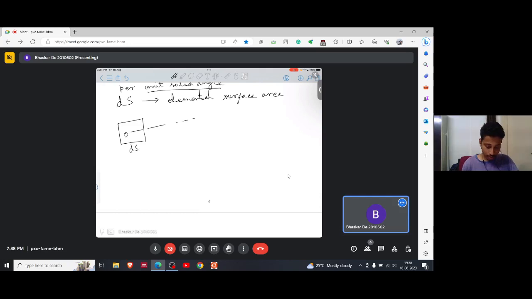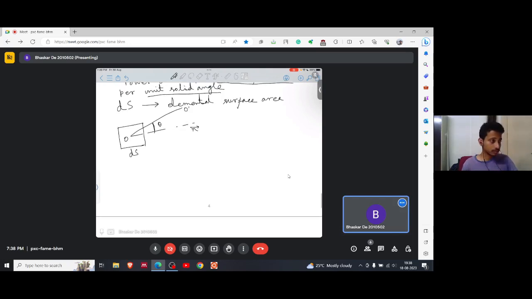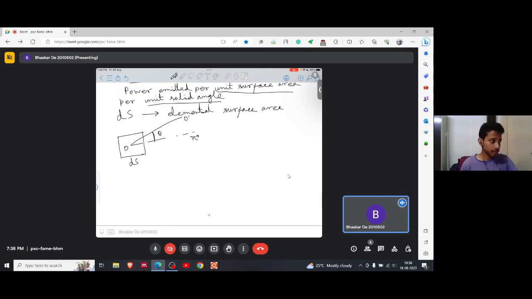This is the surface ds, and from there the perpendicular is in this direction n, and this is the direction of the beam. So this is theta. This is the elemental surface area ds at point O of the source.